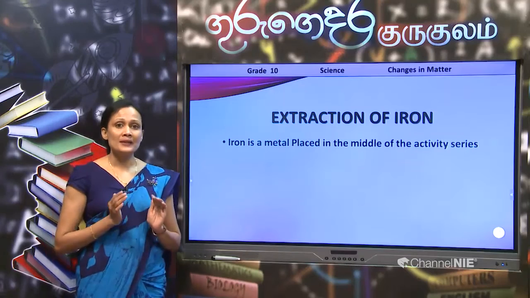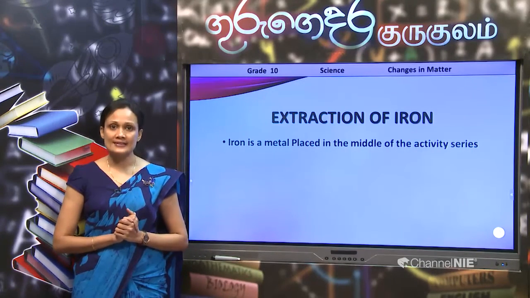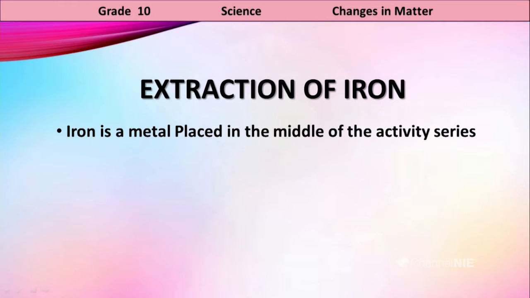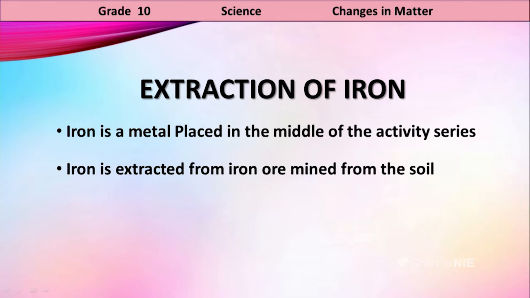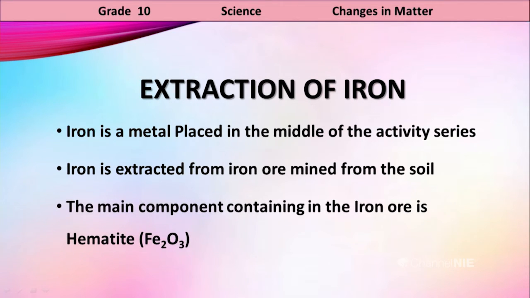Now I am going to discuss the extraction of iron. We are not going to discuss all the methods of extracting metals, but here the extraction of iron. We know iron is placed in the middle of the activity series, and if we need to extract iron, first we need to obtain iron ore. The main component present in the iron ore is hematite.